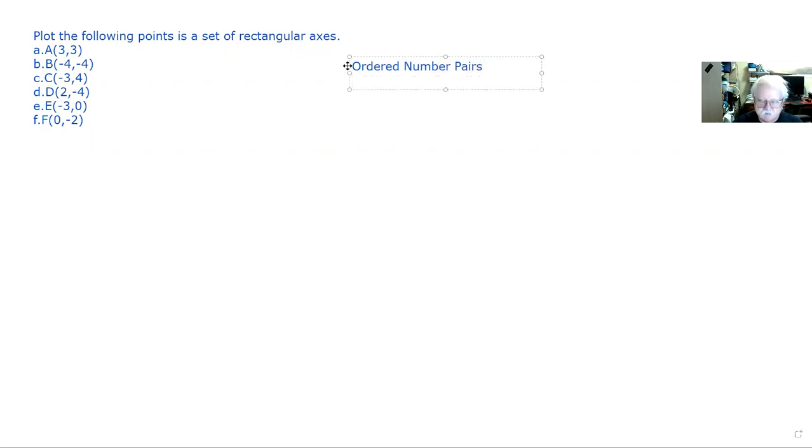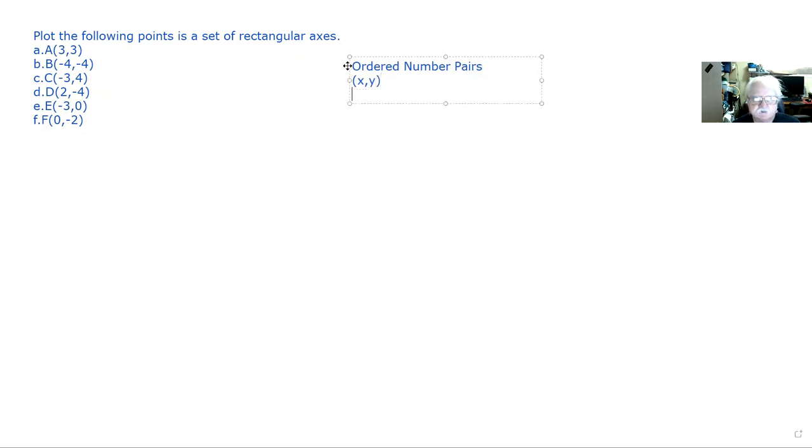And basically, all they mean by ordered number pairs is a situation where they're always going to give us the two numbers, but it's always going to be the x value first and the y value next.